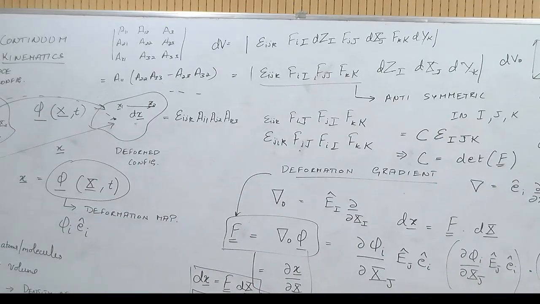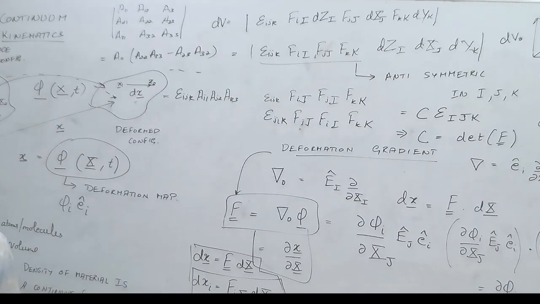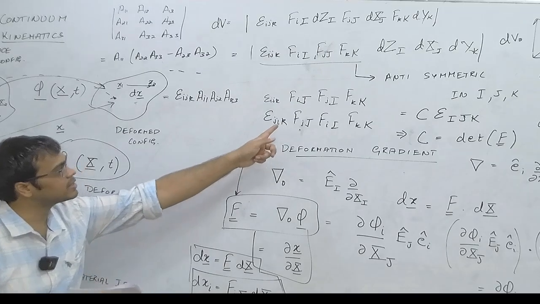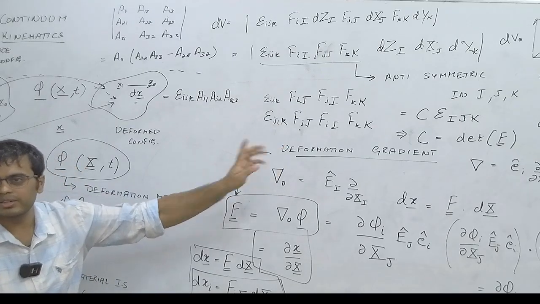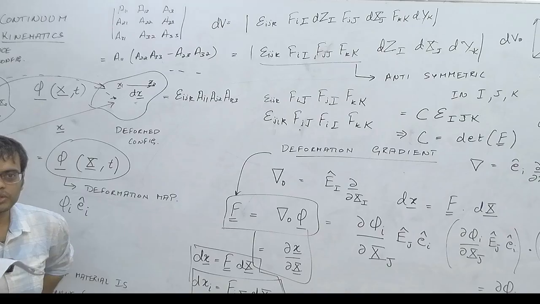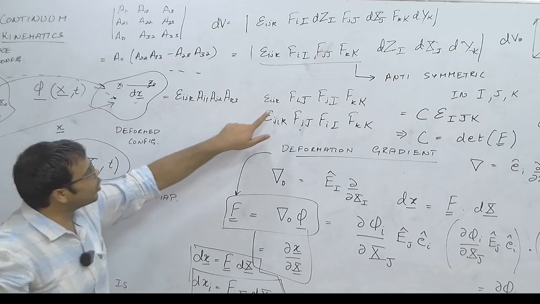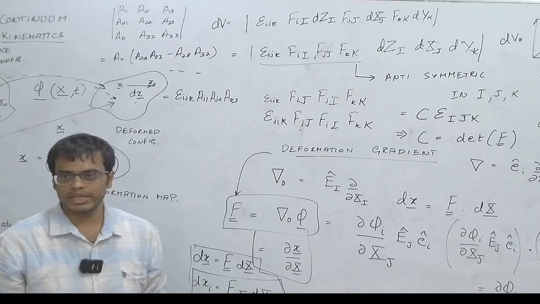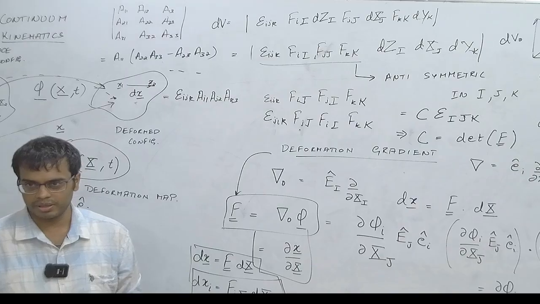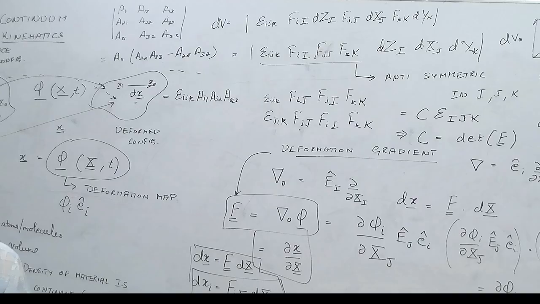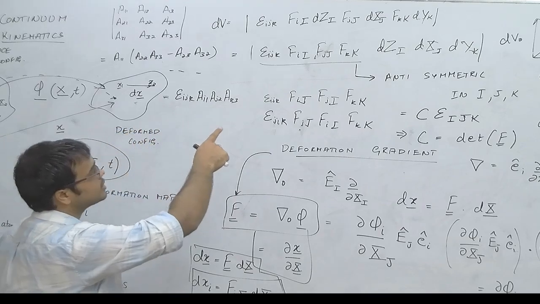So we haven't swapped small i and small j in the sense of changing meaning, because i and j were dummy indices, but capital I and capital J were not dummy indices. That is what you should take care of. I can swap small i and small j without changing the meaning of the expression, but I cannot swap capital I and capital J without changing the meaning, because capital I and capital J are free indices.